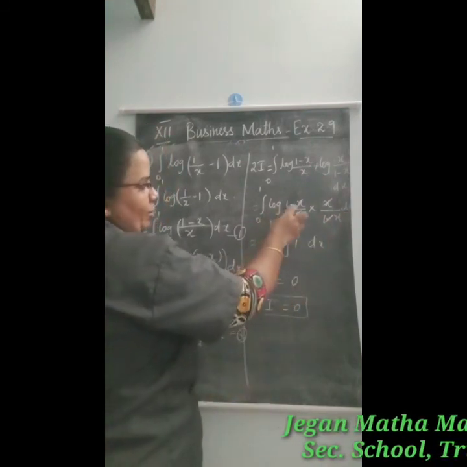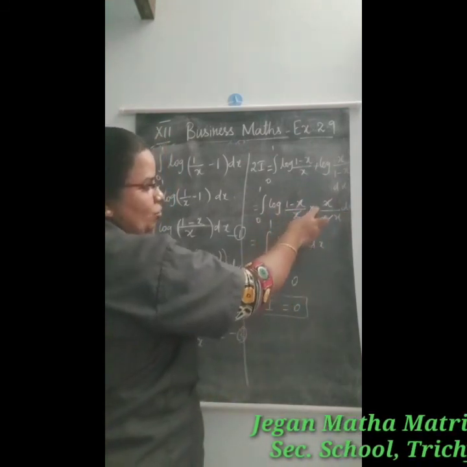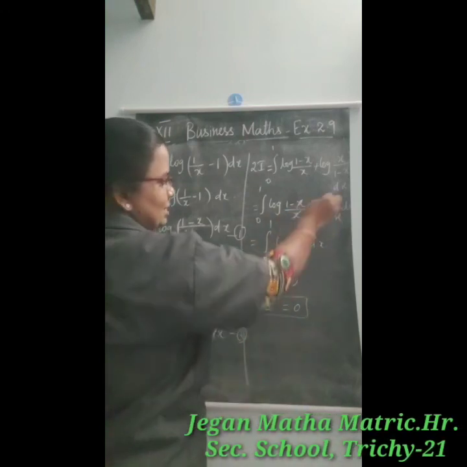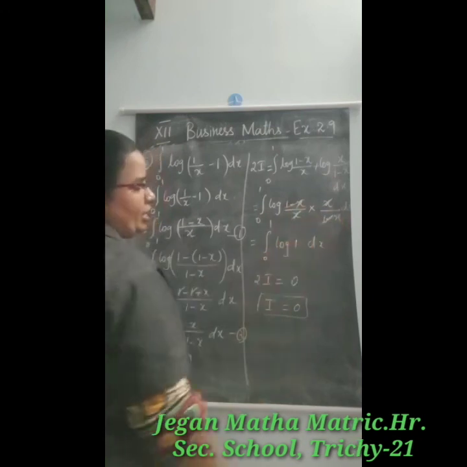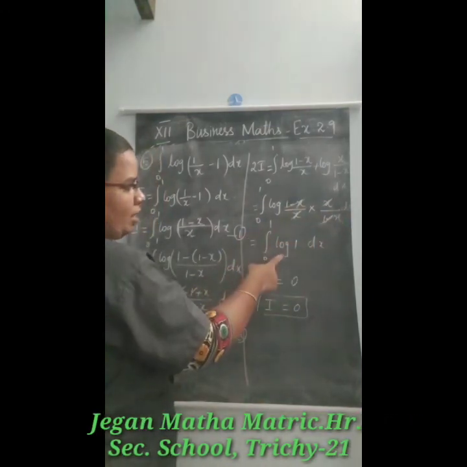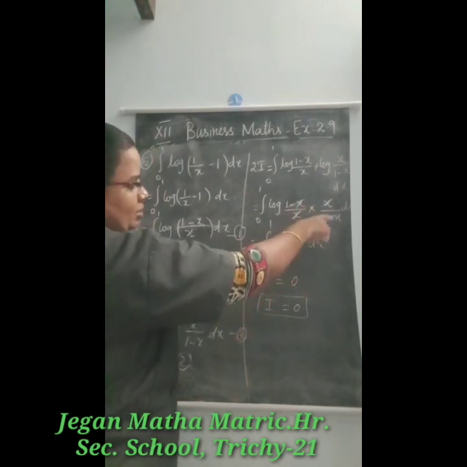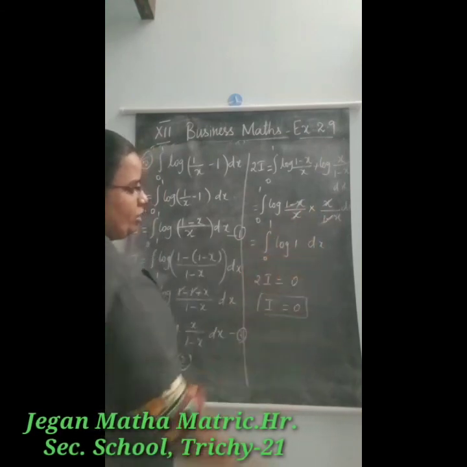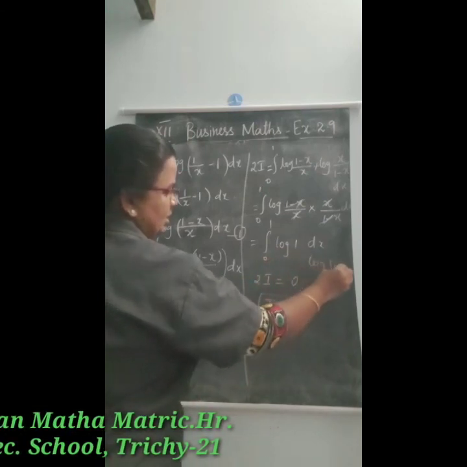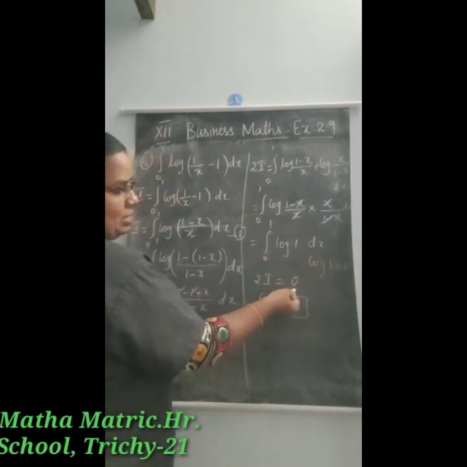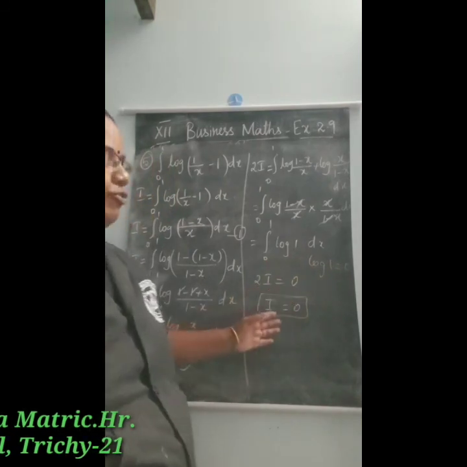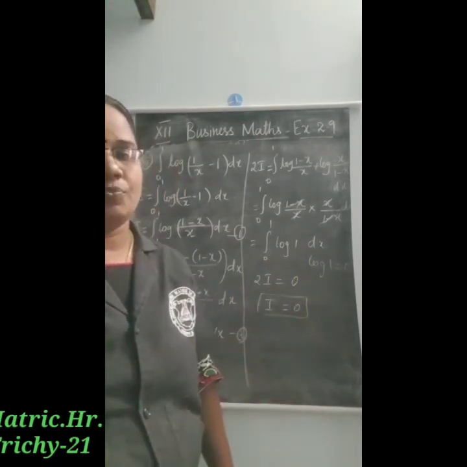So log of (1 minus x) by x into x by (1 minus x) dx. So x cancels, 1 minus x cancels. So the integral of 0 to 1 of log 1, because all the terms are cancelled. Log 1 value is 0, so 0 into dx is 0. So 2I is equal to 0. Therefore I is equal to 0.